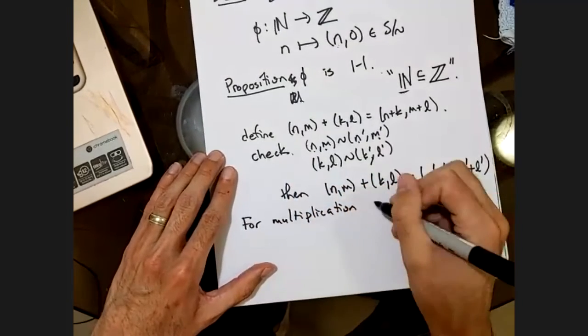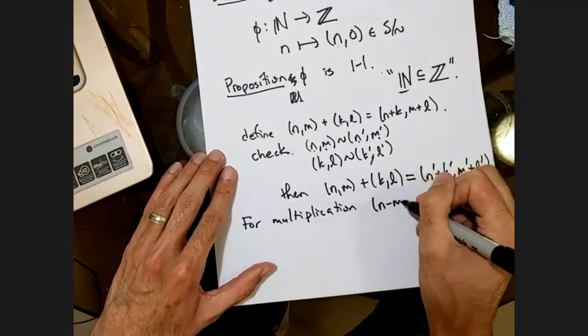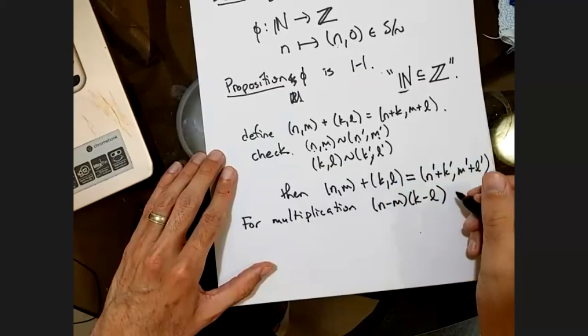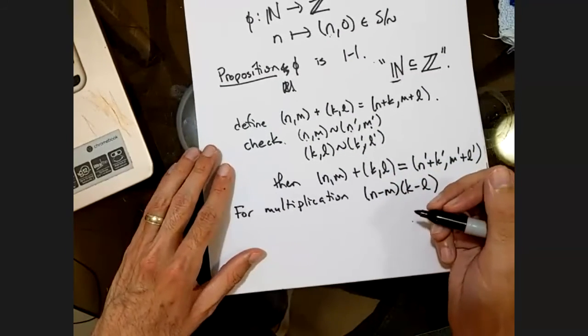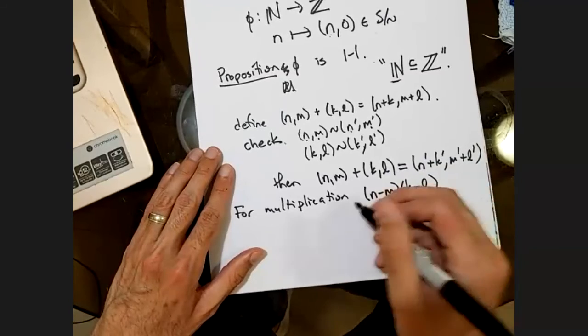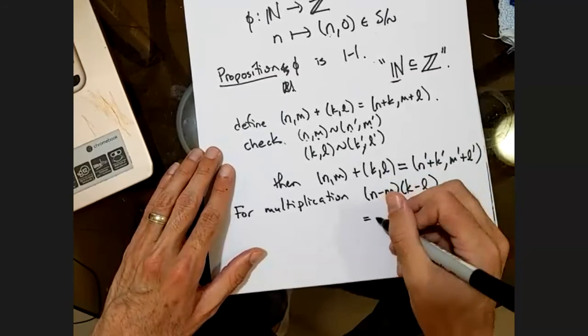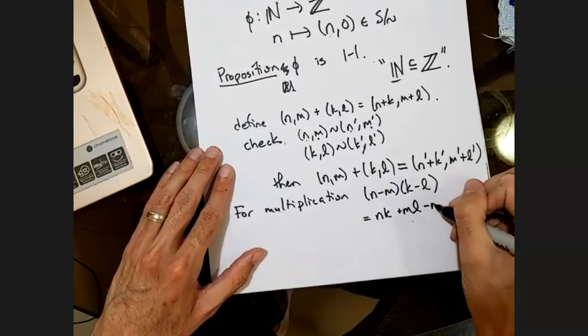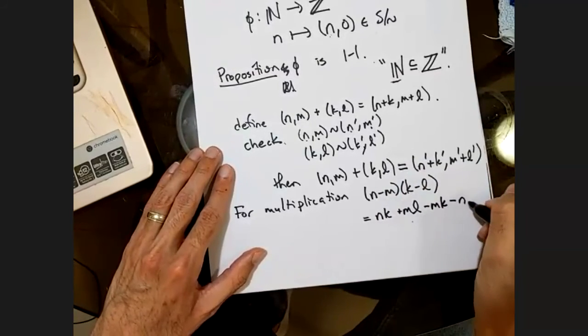For multiplication, you just expand that, and then that should tell you how to define multiplication, because once you expand it, you get nk plus ml minus mk minus nl.